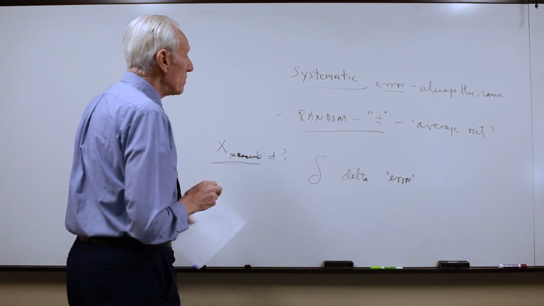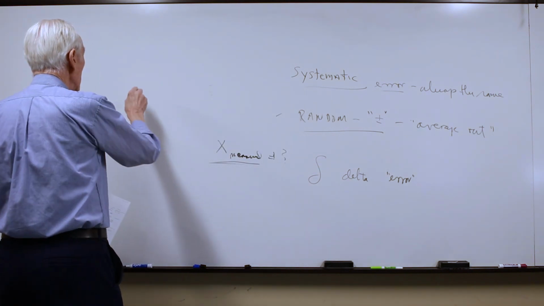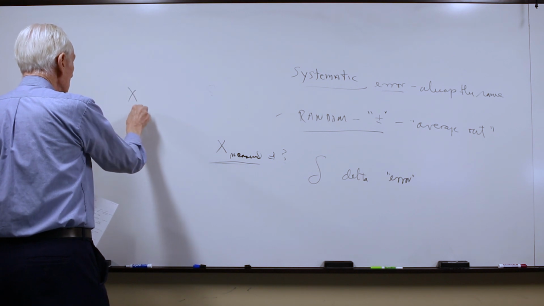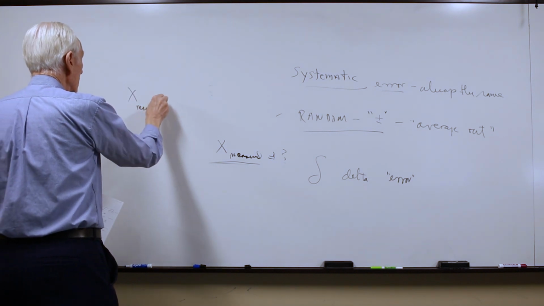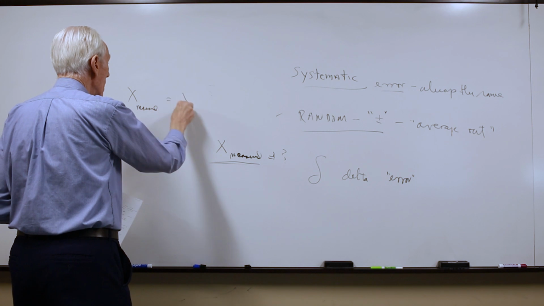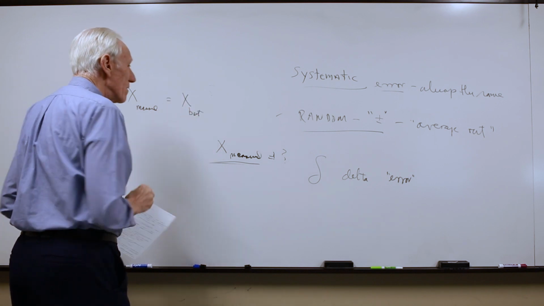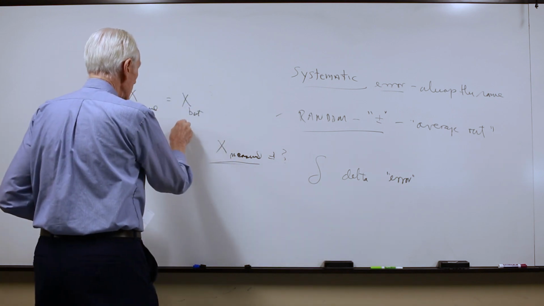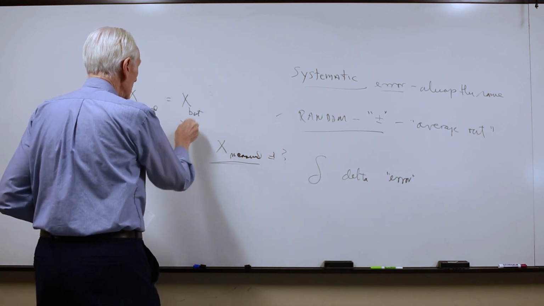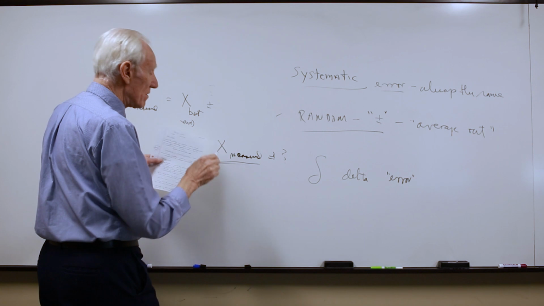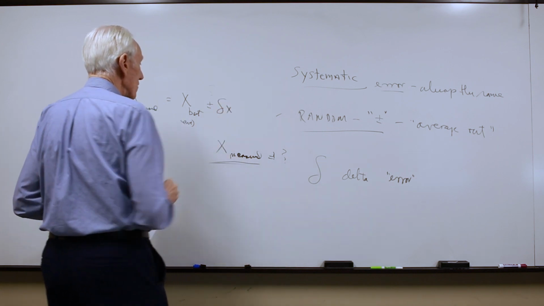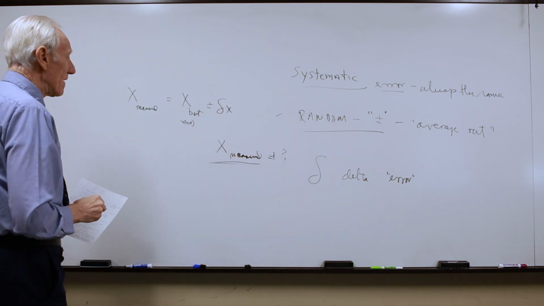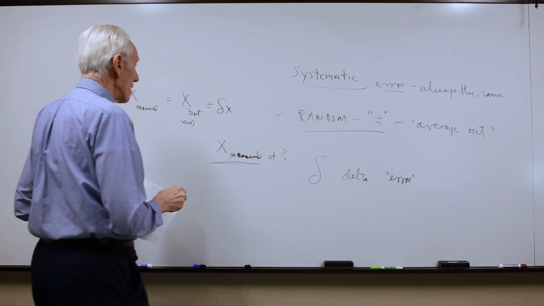Getting back to the random error business, if you measure something, the best value to report is the average value. So this is the average value, plus or minus, because it's a random error, the uncertainty in this measured value, which we have to talk a lot about.